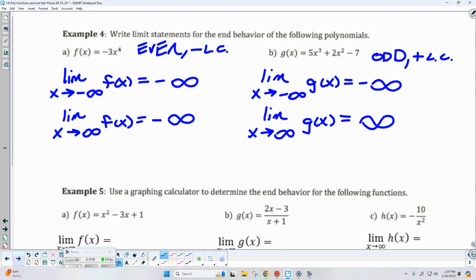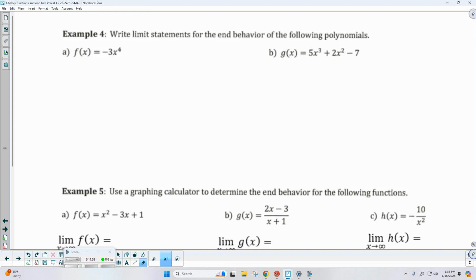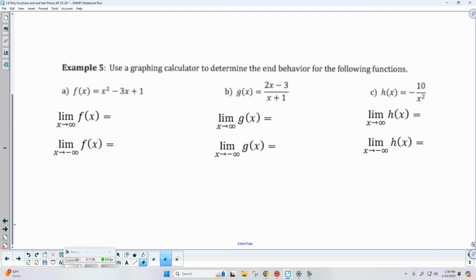Anybody having a hard time? Okay, good. Well, this is how we're going to finish up with this last set. Okay, example 5. It says use a graphing calculator to determine the end behavior for the following functions. And you'll notice for each, I've already got the limit statements ready to go.